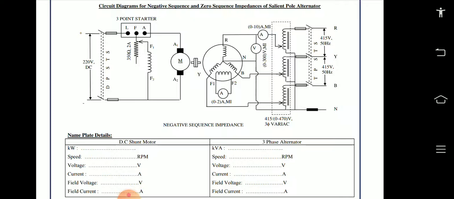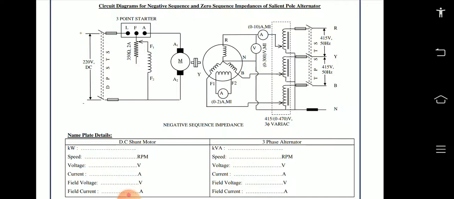The impedance encountered by this current is therefore different from that encountered by the positive and negative sequence components, and it is called the zero sequence impedance of a generator. This is what defines the negative sequence and zero sequence impedance of an alternator.